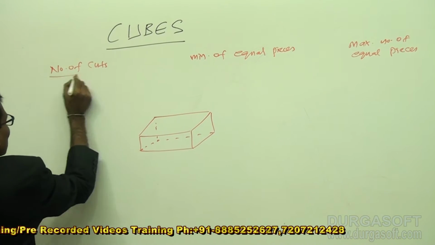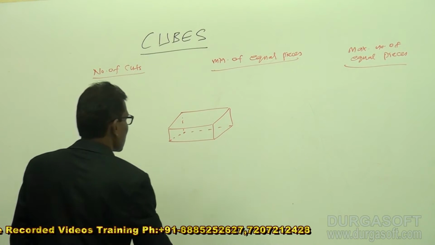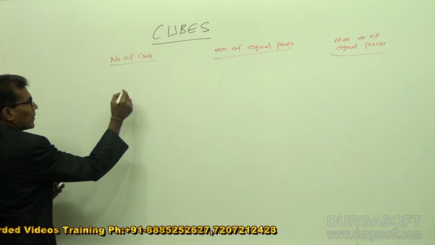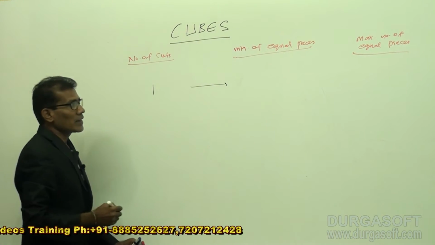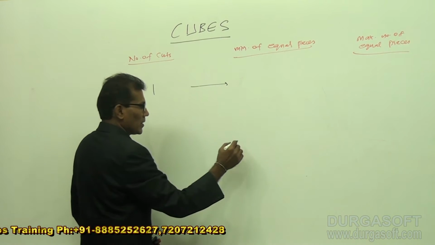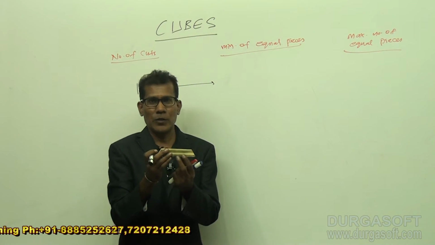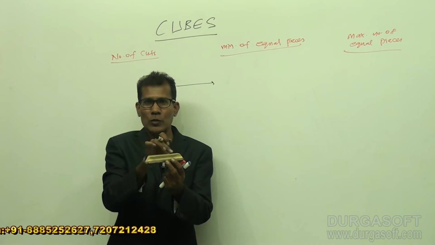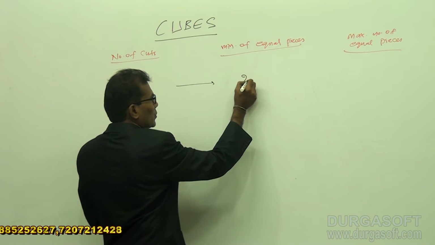When you are allowed to use only one cut on this birthday cake, how many equal pieces can be made? You may cut like this, so there are going to be 2 equal pieces. So the minimum number of equal pieces is 2.